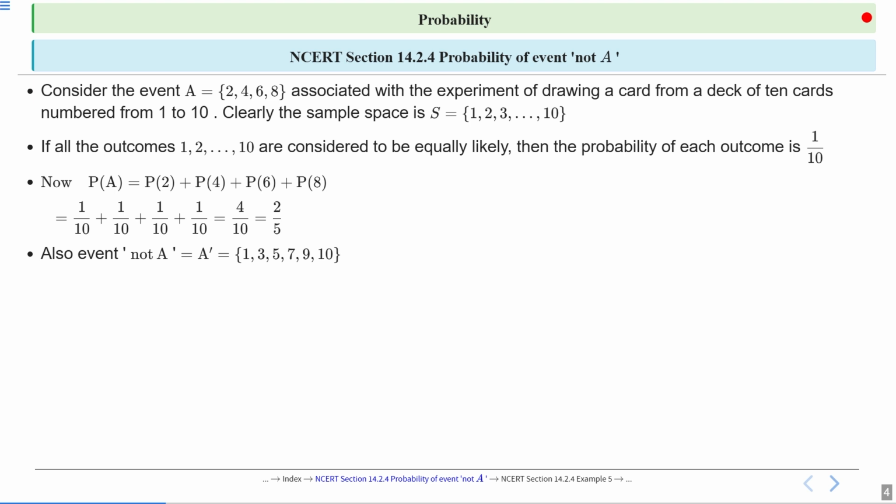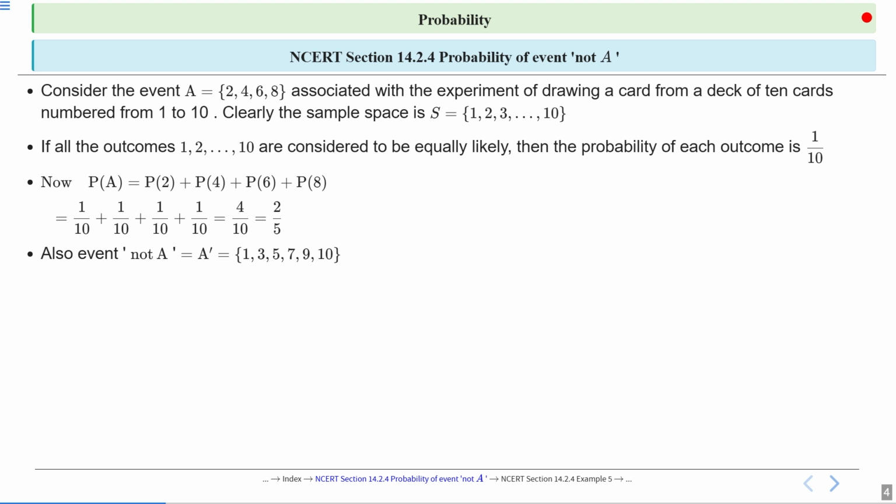Not A means we take those outcomes which are not in A but are in the sample space S. So the not A event is the set 1, 3, 5, 7, 9, 10, since 1, 3, 5, 7, 9, 10 are not in the event A but are in the sample space S. The event not A, denoted by A complement, is equal to 1, 3, 5, 7, 9, 10.